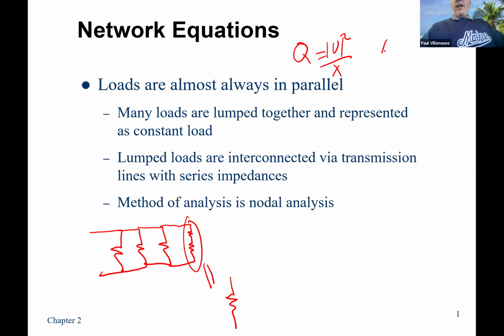So our X value, so Q is fixed, it's not changing, but V is going up or down, which means X is going up or down. So you don't have a way of modeling that as a fixed impedance if you allow that power to be constant. So the way that you do that is we don't include any loads in our admittance matrix.